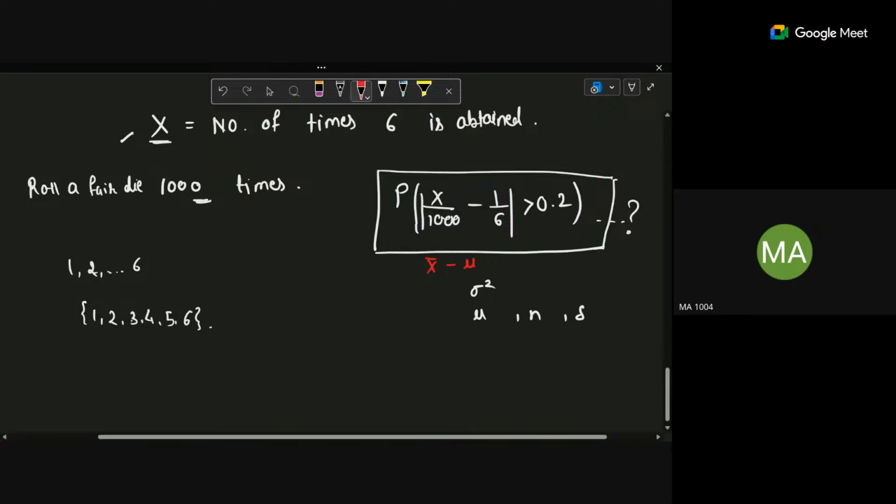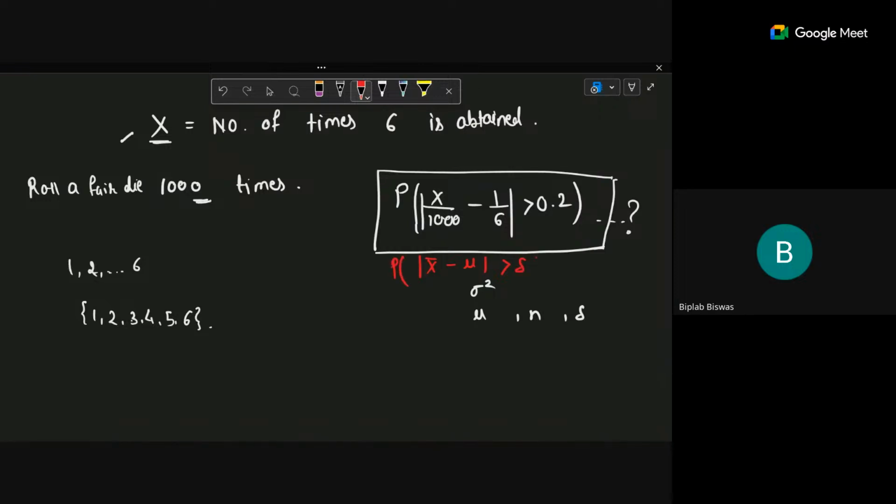What I'm trying to say is, in case we want sigma, we can get the sigma from this. So let's find sigma from here. What is sigma here? The variance of this random variable, right?